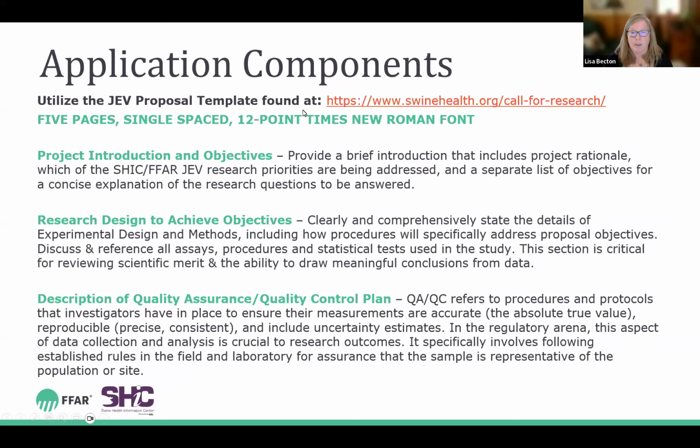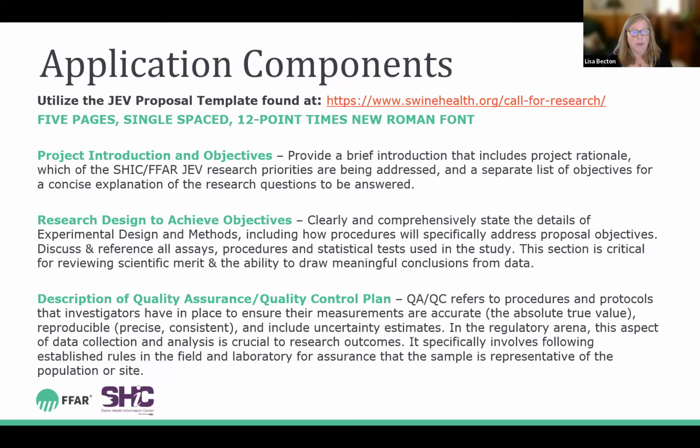This includes procedures to address the proposal objectives, including reference assays or tests that are being utilized, other procedures or sampling types, and including statistical tests that are going to be employed for data analysis at the completion of the project.